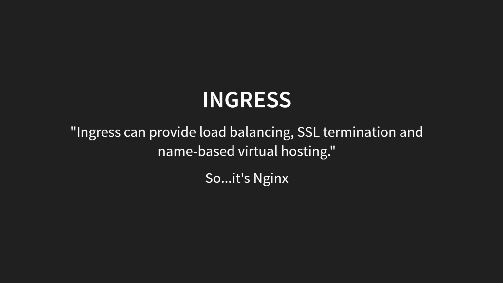So what's left? What's left is that we still have an ELB for each and every service, right? And that's bad. So Kubernetes has a thing called Ingress, and an Ingress can provide load balancing, SSL termination, and name-based virtual hosting. And you're probably thinking that sounds a lot like Nginx, and that's probably because in the default case, it is Nginx.